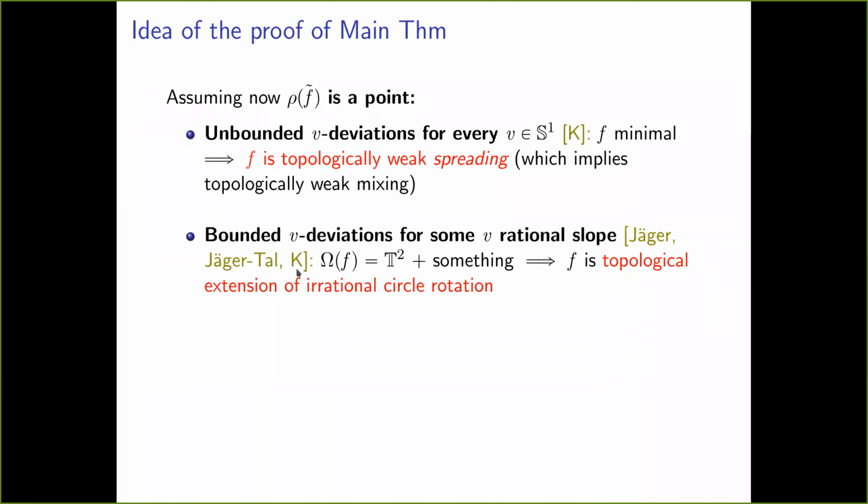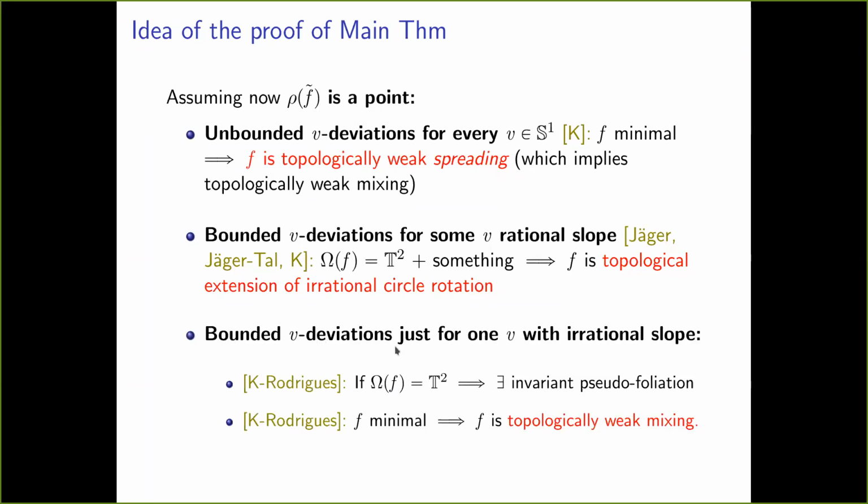In fact, in my last work, I removed even this hypothesis, and I put some geometric properties of the non-wandering set, but it's not important. If you have non-wandering dynamics and some property that holds in the case of minimality, then you can show that you have a topological extension of an irrational circle rotation in this case.